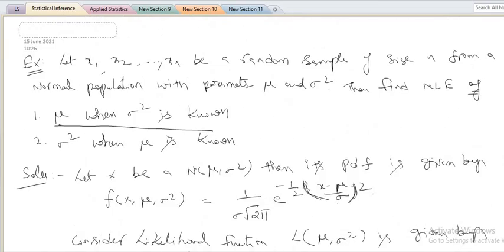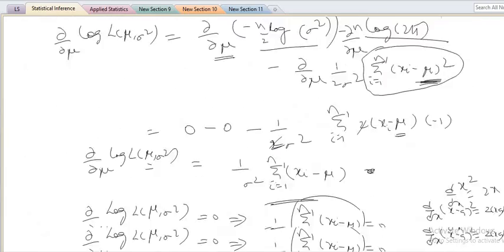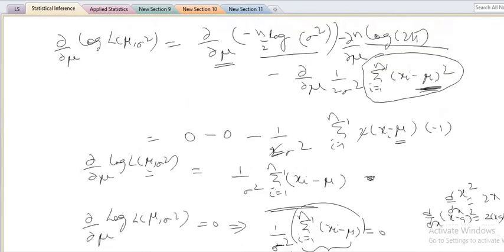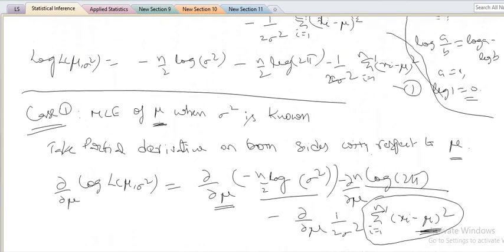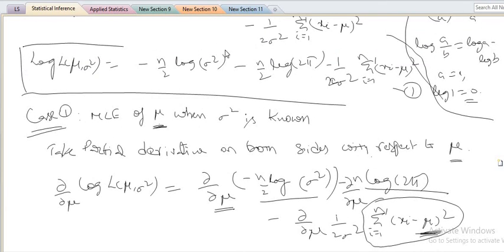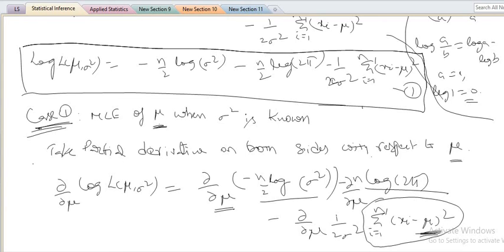Next case is what? Sigma square when mu is known. Now we need to find it for sigma square, not for mu. Coming to the log likelihood function, where is equation number 1? This one. Here we have done case 1. Next we go for case 2: MLE of sigma square when mu is known.